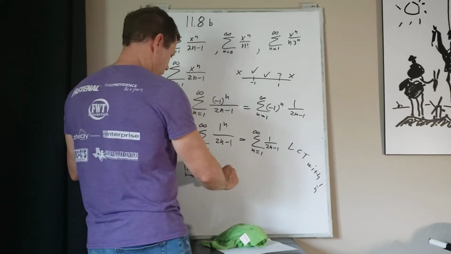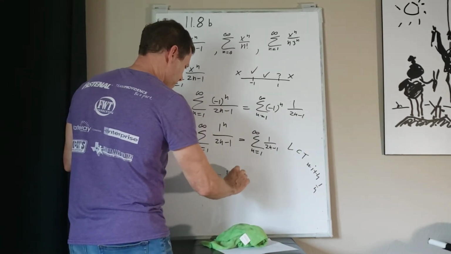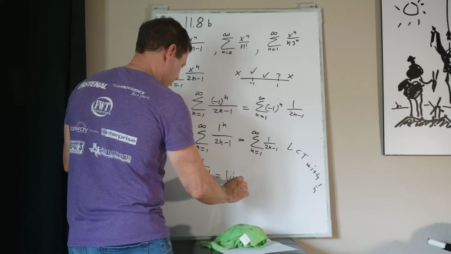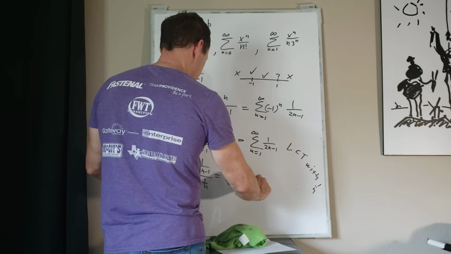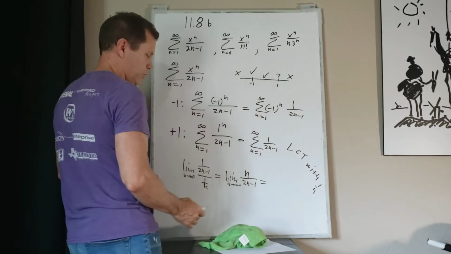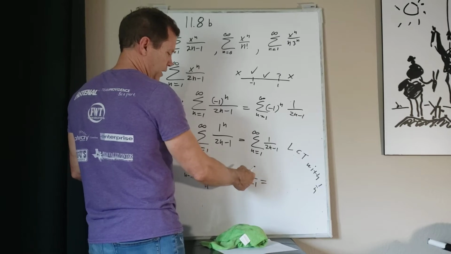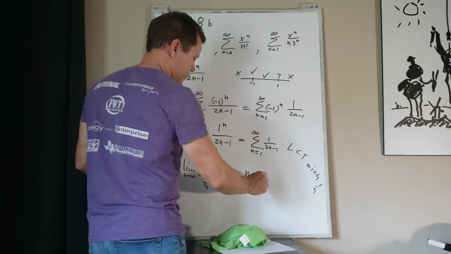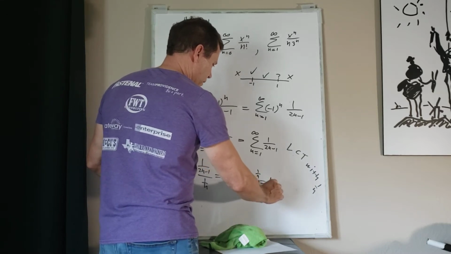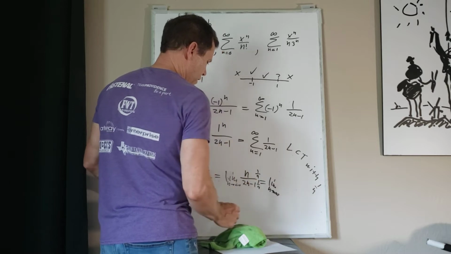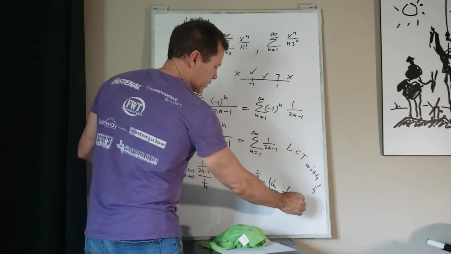Flip this, and you're going to get n over 2n minus 1, which goes to the ratio of the leading coefficients. You can multiply top and bottom by 1 over n, so it's the limit as n goes to infinity of 1 over 2 minus 1 over n. That's going to go to 1/2.